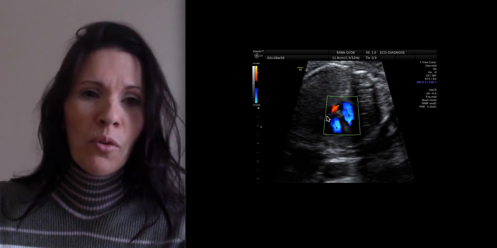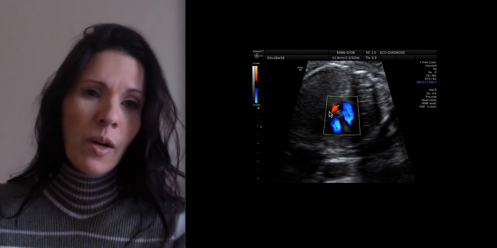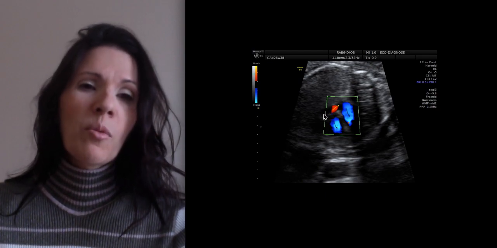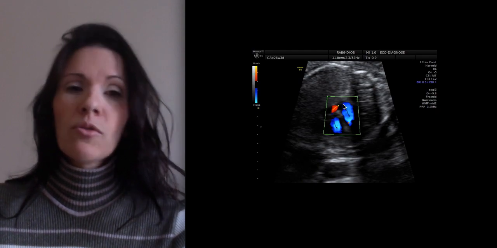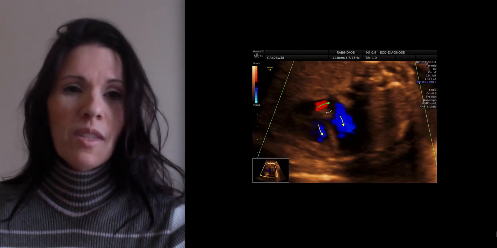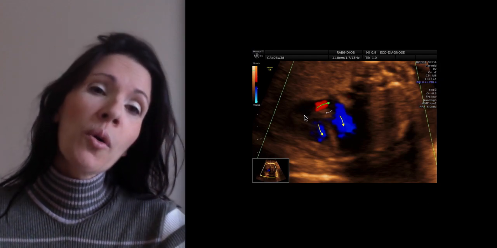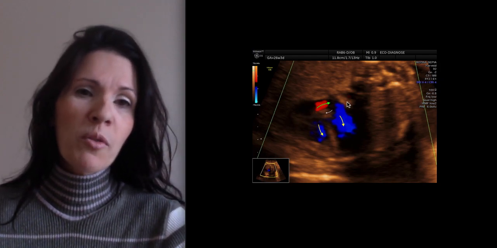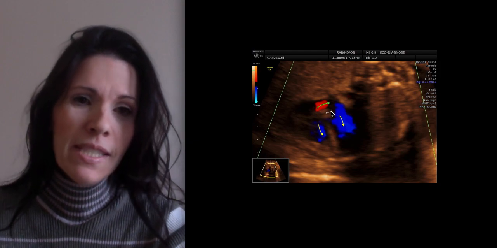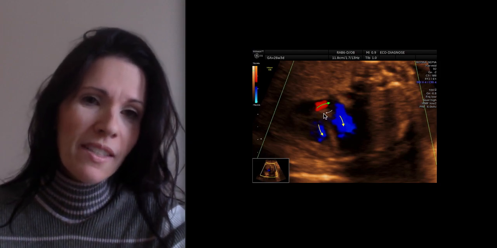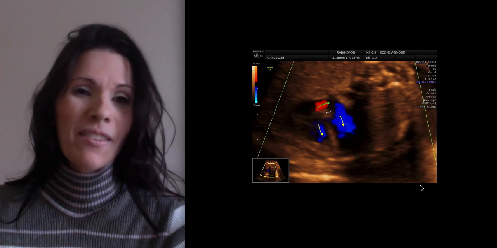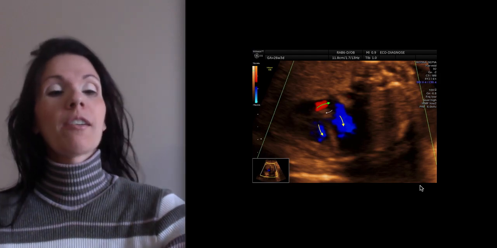This is the flow through the foramen ovale in this direction, from the right to the left side. And here you can see again the flow through the foramen ovale, and here you cannot see the flow, but you know there is a coronary sinus, normal heart.